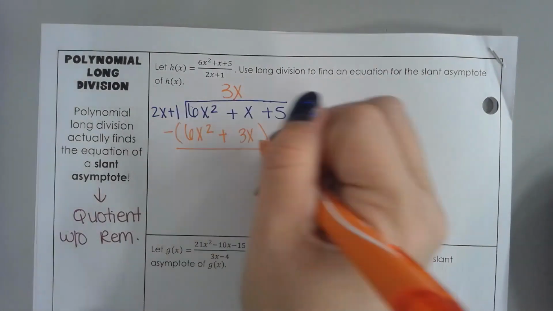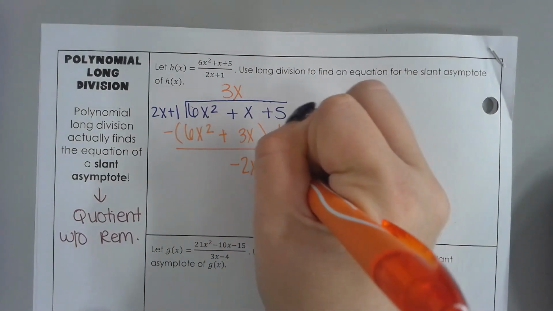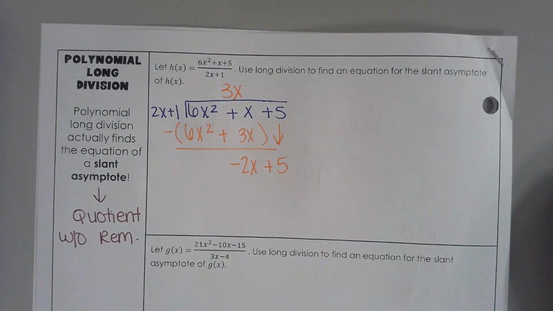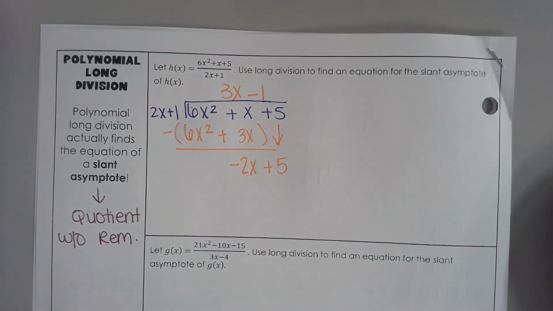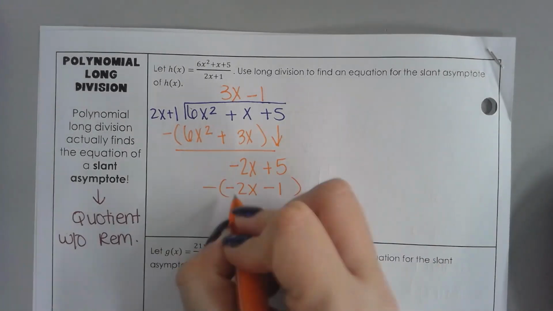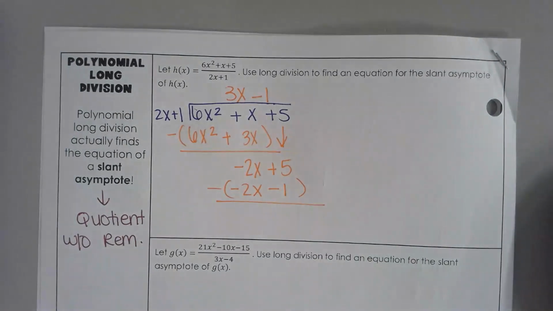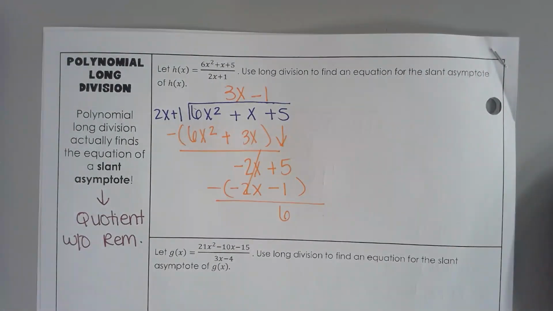So 1x minus 3x is negative 2x. Bring down the plus 5. Negative 2x divided by 2x is negative 1. And so I get a remainder of 6, which doesn't really matter here.